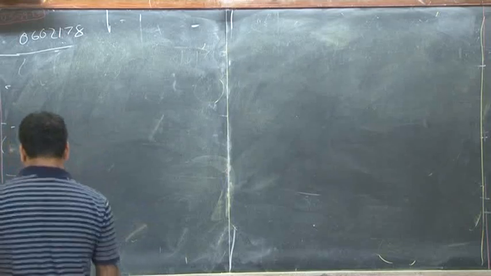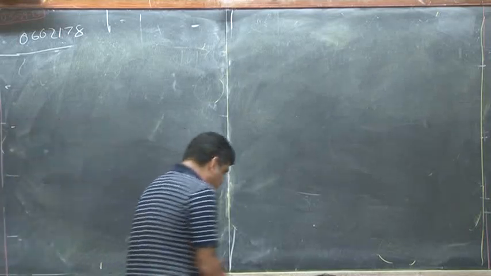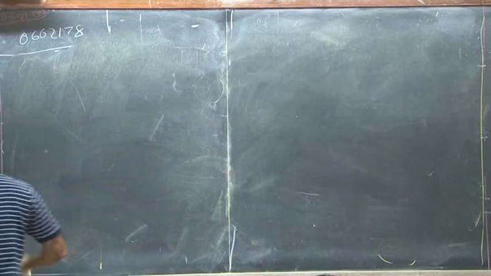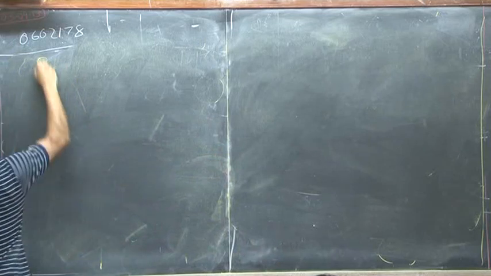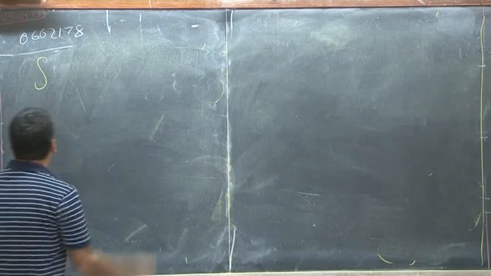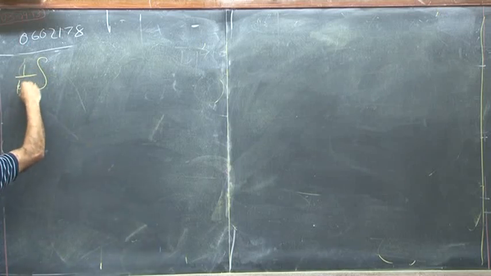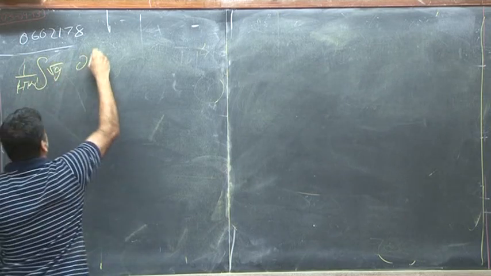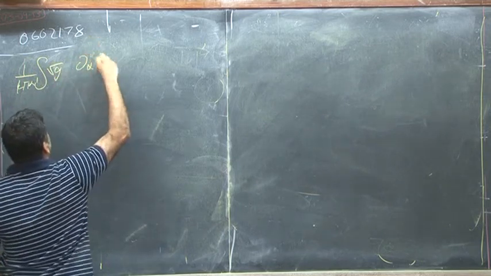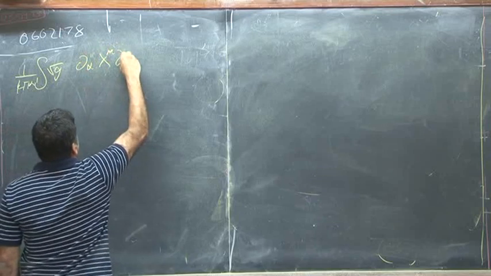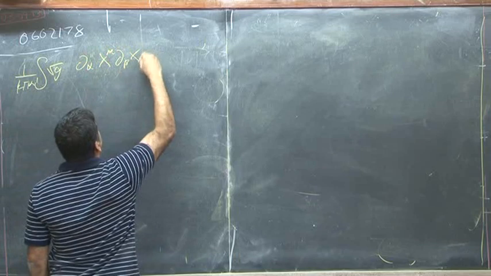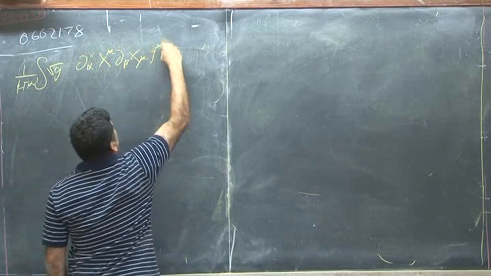As you remember, the action that we were interested in was 1 over 4 pi alpha prime, square root g, g alpha beta, del alpha x mu, del beta x mu.